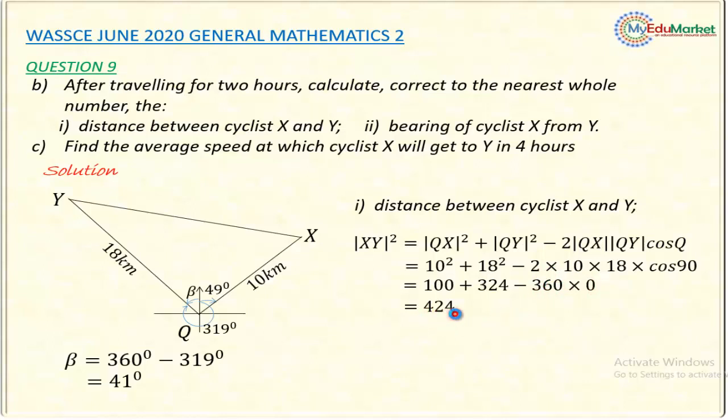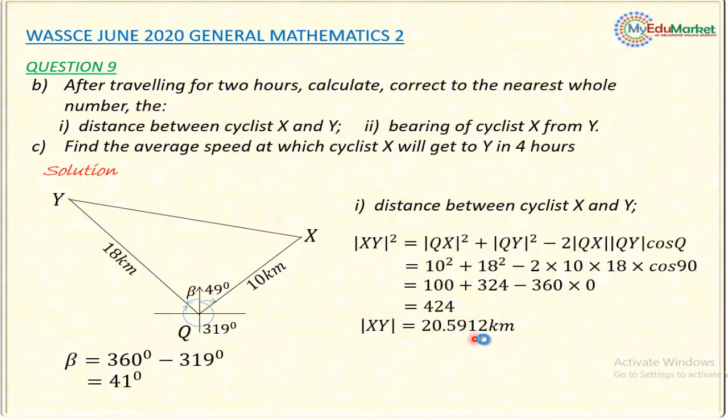So I will now take the square root of both sides to get the distance XY. The distance XY after taking the square root of 424 is going to be 20.5912 kilometers. But in the question, I am requested to approximate my answer to the nearest whole number, so I will not stop here.